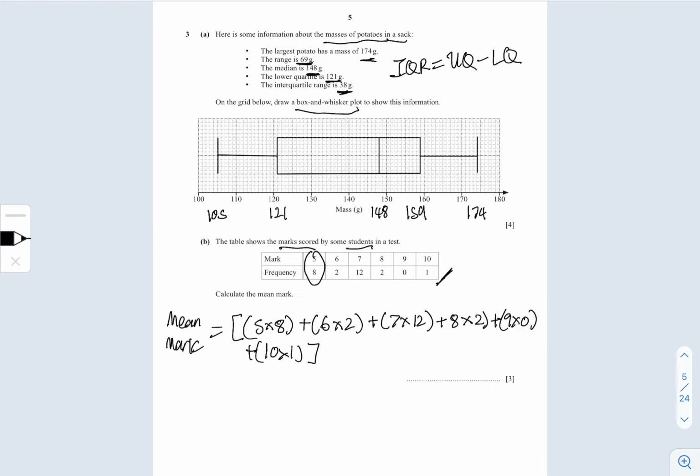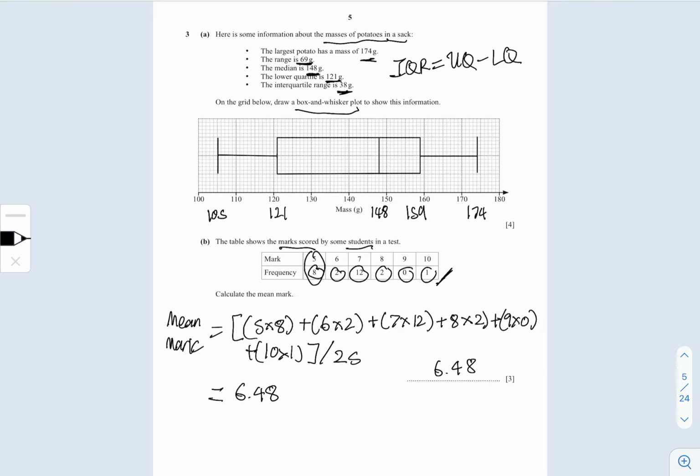Add them all together, and divide by the total frequency, which is adding all these values together. You would get a total of 25. So when you run this in a calculator, you will get a final answer of 6.48 to 3 significant figures. Therefore, the final answer for the mean mark is 6.48.